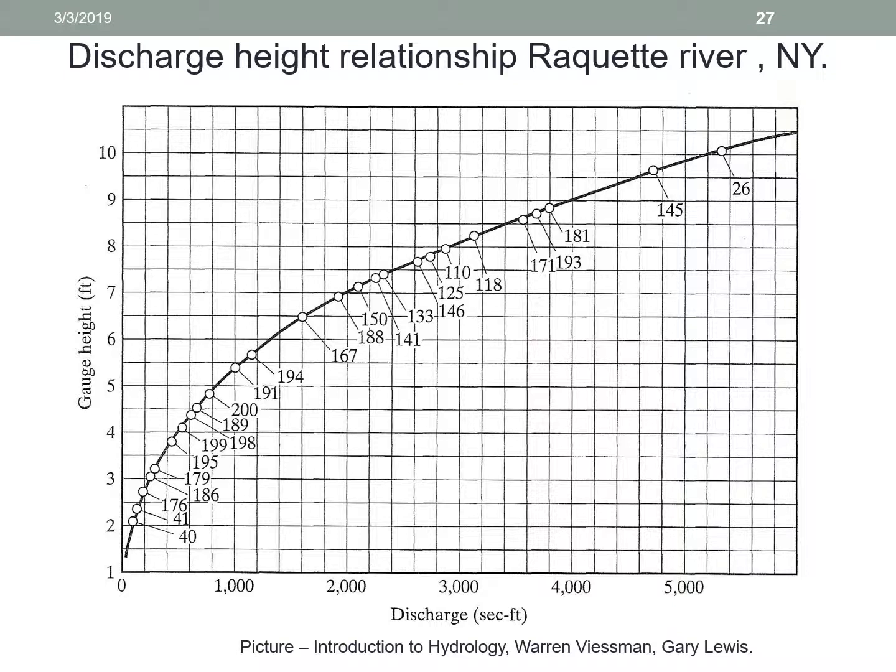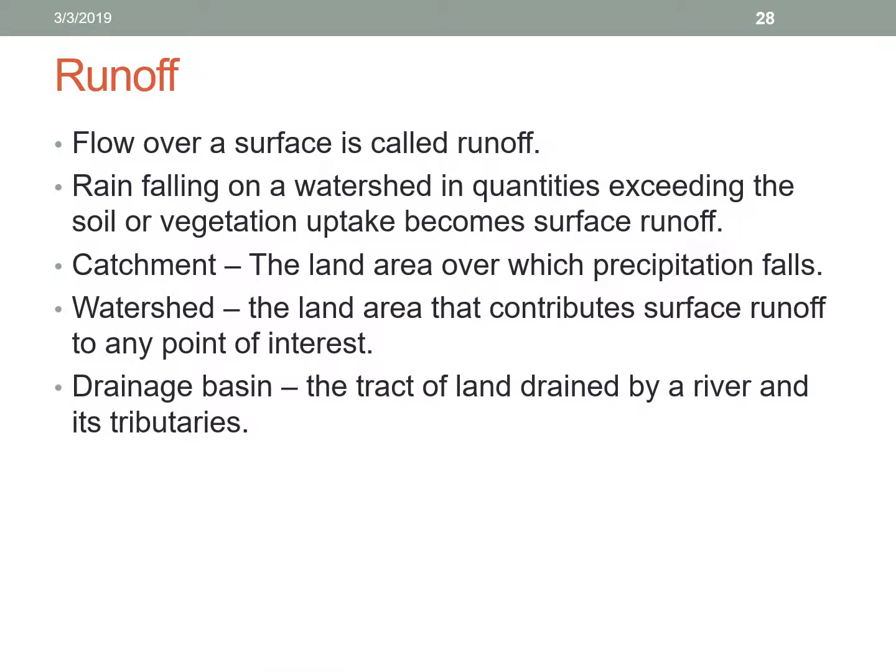Discharge height relationships. This is for a river in New York. As you see, in the horizontal axis we have discharge in second feet, and in the vertical axis that is gauge height in feet. So if you know the discharge, then you can find the gauge height. Runoff, flow over a surface, is called runoff.